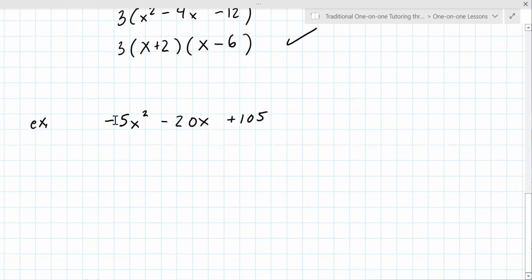You can actually do a little bit more than 5. You almost never want the x squared to be negative, so you would factor out -5 from everything. Okay, so why don't you take it from here? Why don't you figure out what goes in here, and then see if you can factor that part that's remaining.